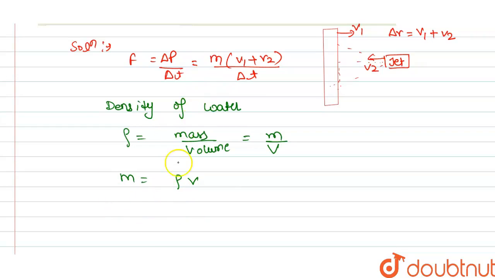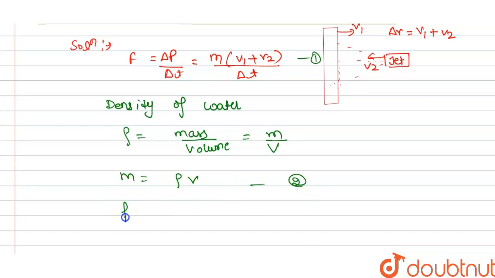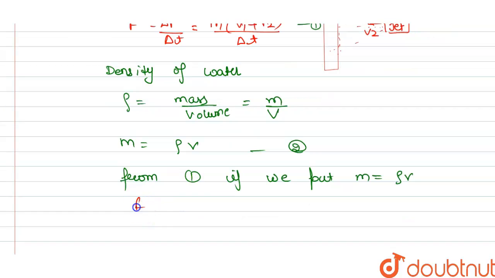If we put the value of mass in equation 1, so this is equation 2, 1 and 2 here. So from the first, if we put mass equal to density into volume, we get F is equal to, our force is mass, that is density V into v1 plus v2 here, and we have density into change in volume divided by time.